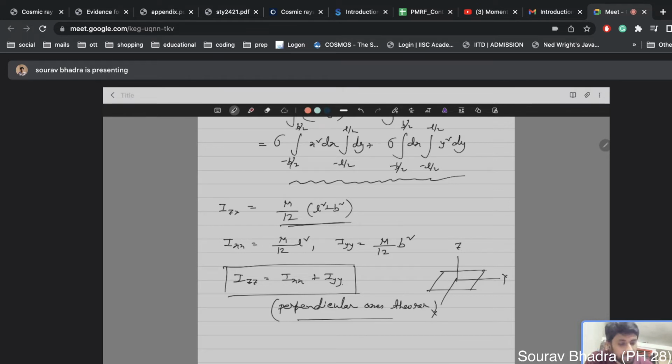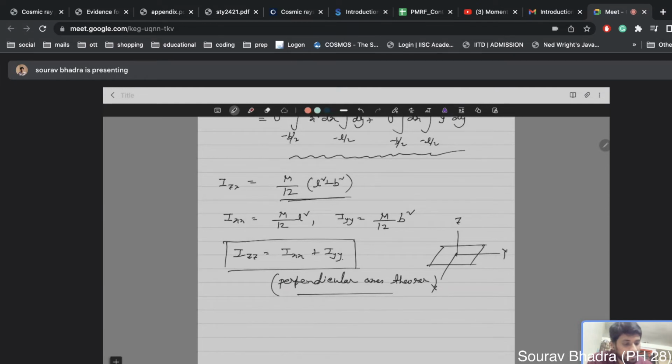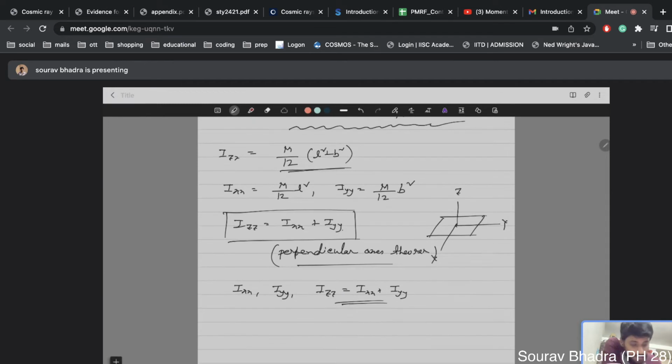Okay, so whenever you are dealing with this type of problem, suppose you have calculated Ixx and Iyy, then you don't have to calculate Izz, just write Izz is Ixx plus Iyy for this particular type of body. Okay, and for this case, if we calculate Ixy, it will be the sum of m i xi yi.